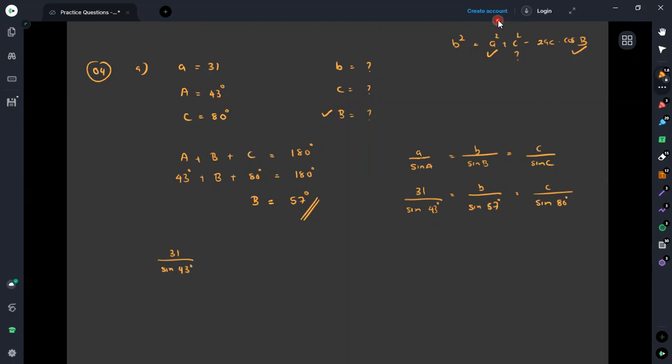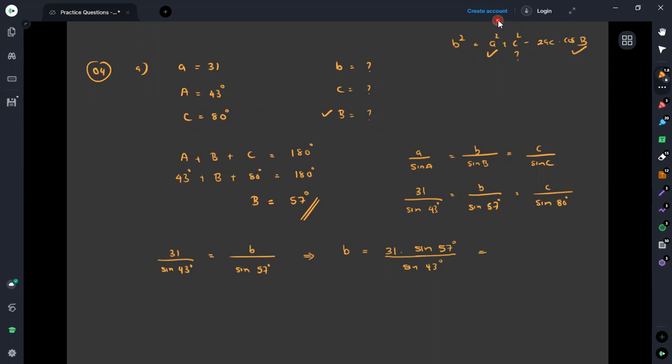sine 43 degrees, which is equal to b divided by sine 57 degrees. Now we can have the calculation for this. Then we can take b is equal to 31 times sine 57 degrees divided by sine 43 degrees. Therefore, solving this leads to the answer.